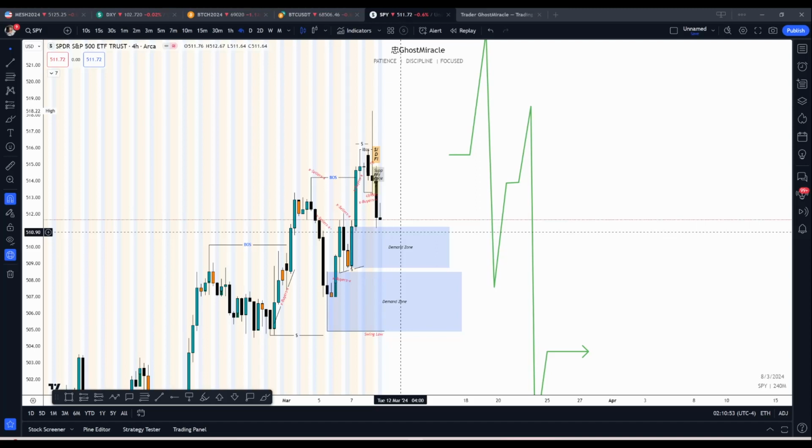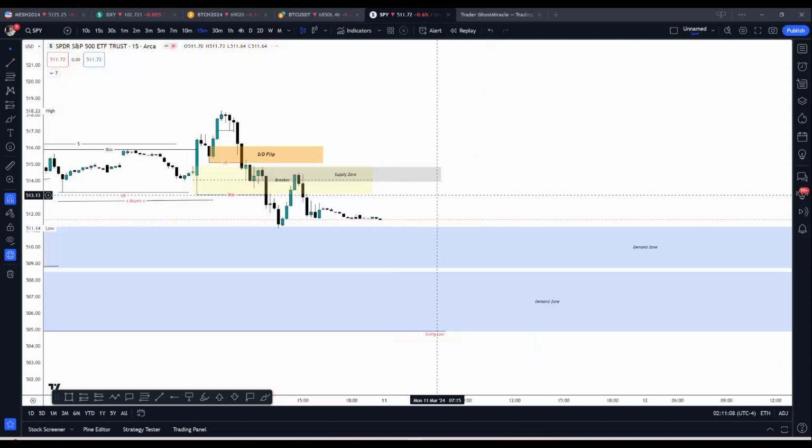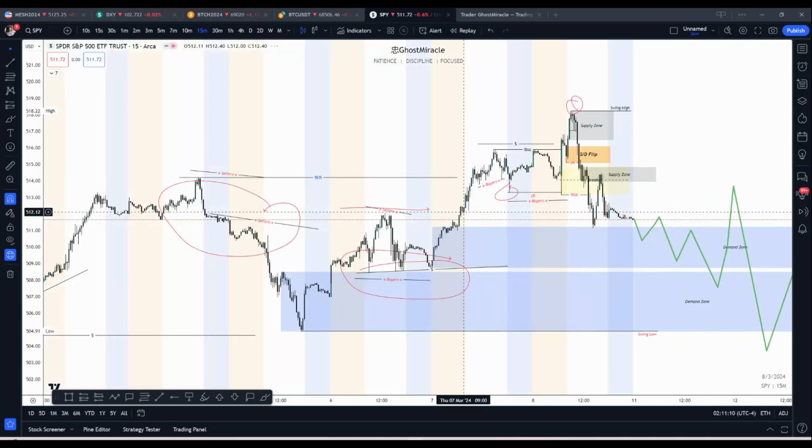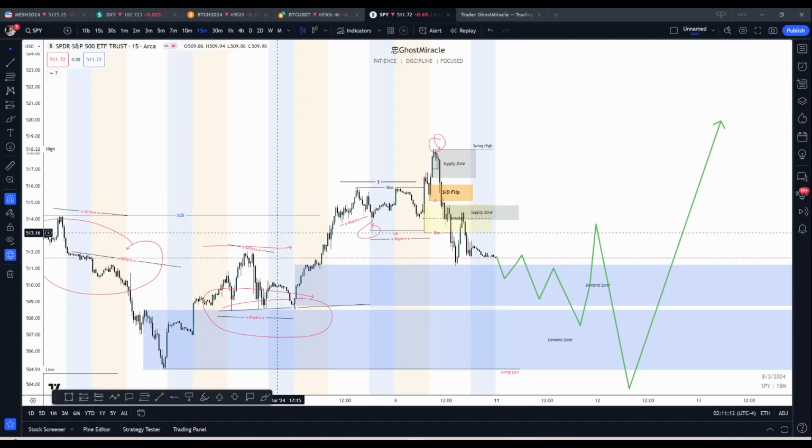Even if your demand zones are valid, you kind of want to go off of what price is doing and not what price has did, if that makes sense. And that's why I think Nez says a lot that you don't want to predict. You kind of want to react.